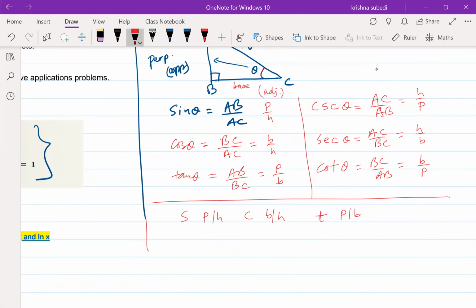And I think in some part of India, how they remember is PH, BH, PB. So sine, cos, tan, and can somebody tell me how you remember that, Pandit? Pandit, like something. Pandit Prasad Hari Hari Bol. That was how our teacher taught us.